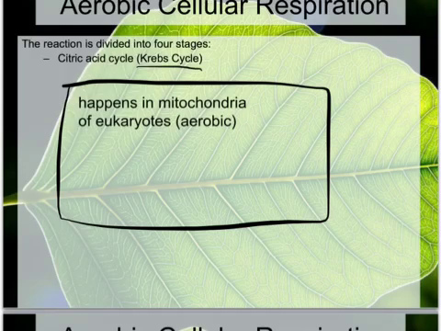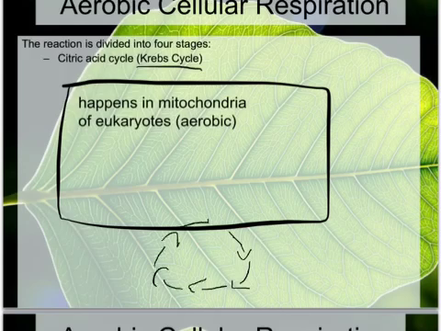It's aerobic, meaning it needs oxygen, and it is a cycle. And a cycle obviously means that what we start with, we're going to do different steps to it as we go along. And at the end of the day, what we start with is what we end with. It's a cycle. Okay? So at the end of the day, we end with the same product.